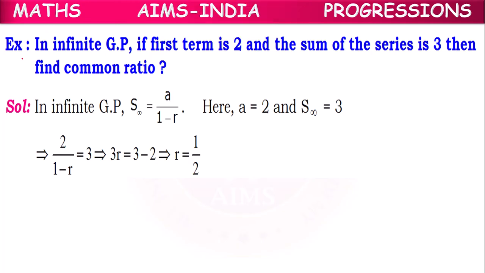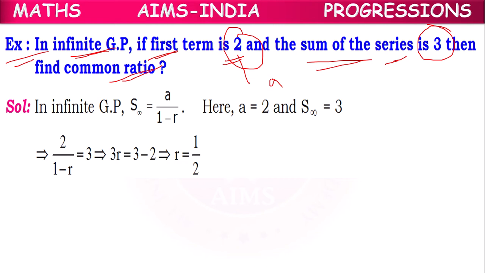Next one. In an infinite GP, if the first term is 2 and the sum of the series is 3, then what is the common ratio? They have given a value is 2, and the sum of the infinite GP, S infinity, is 3.